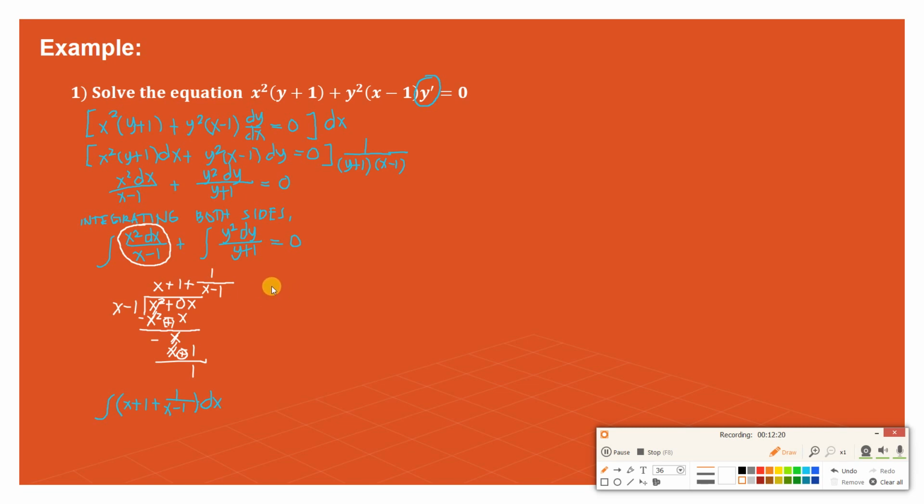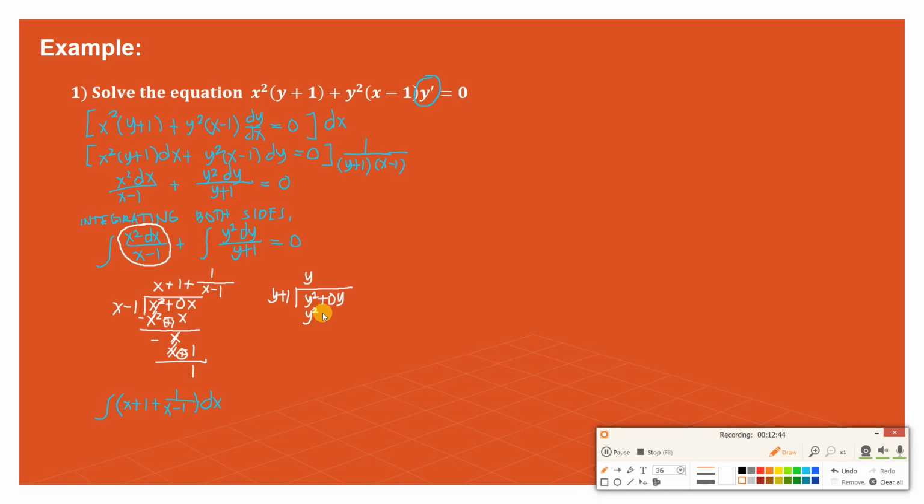Same procedure lang naman. Y plus 1 divided by x squared and write the missing term. Okay, so again, the dividend divided by the divisor, we have y. The quotient multiplied by the whole divisor.